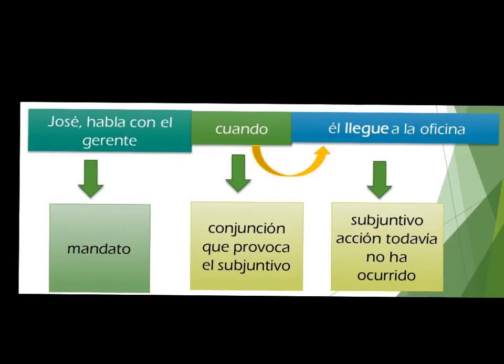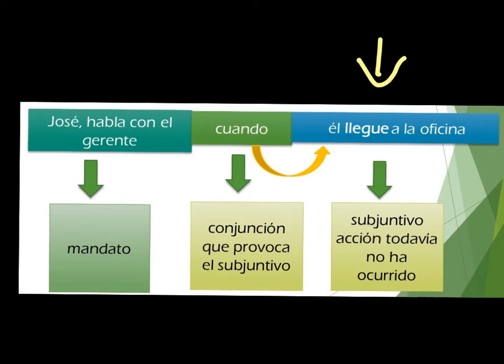Now, this is an example of a sentence that uses one of those conjunctions that can go either way. We can use the indicative or we can use the subjunctive. It says, José habla con el gerente cuando él llegue a la oficina. In this sentence, we immediately notice that we have the subjunctive, llegue a la oficina.